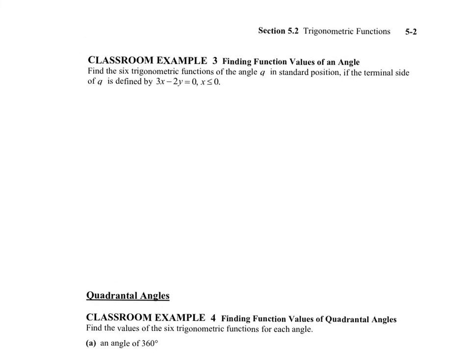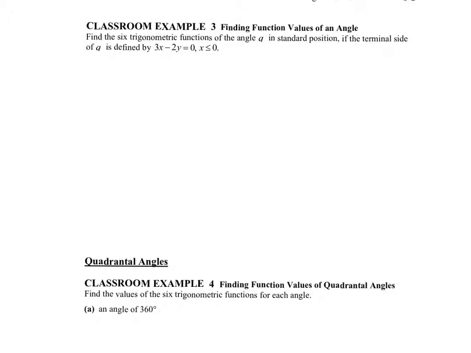We're just going to have to pull in a little more algebra to get this thing done. So I know there's a terminal side, and it's going to have to be wherever this line, 3x minus 2y equals 0, is graphed. So should we start with a coordinate plane? I think so, because this may or may not be in the first quadrant.